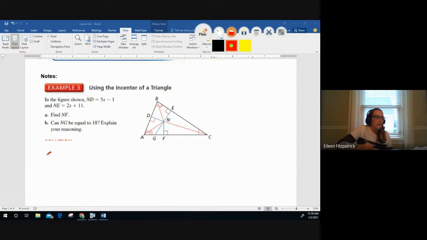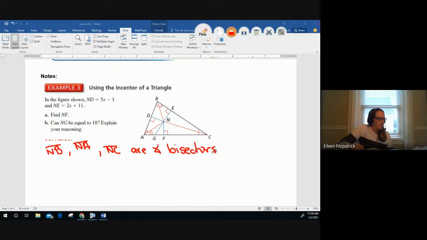I see that NB, NA, and NC are angle bisectors. So that means that point N is the point of concurrency.